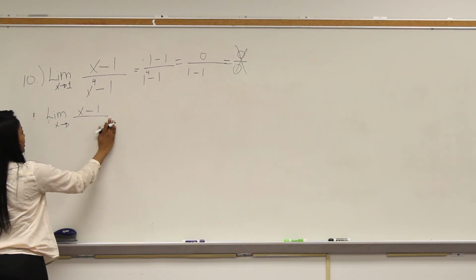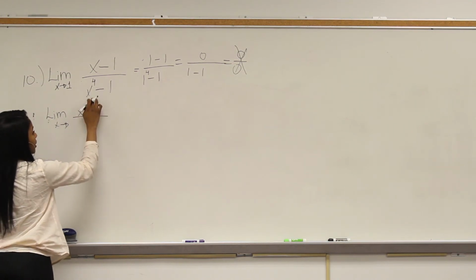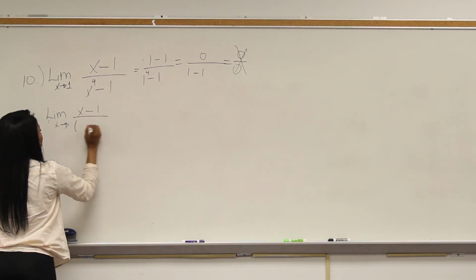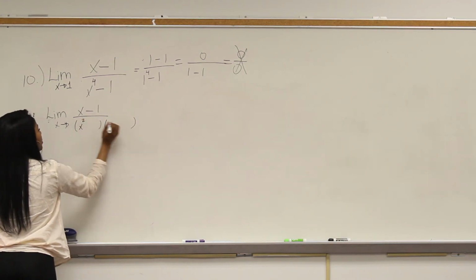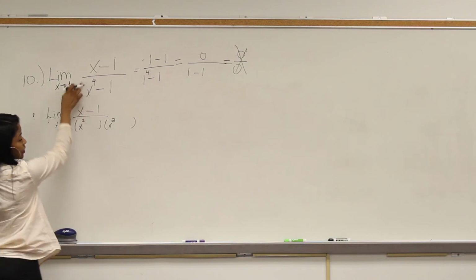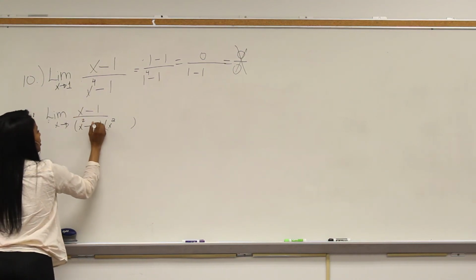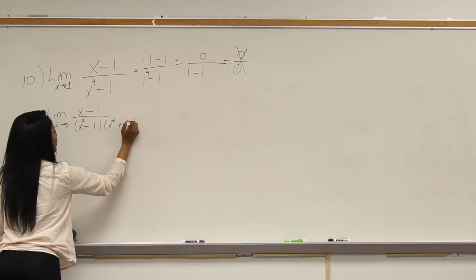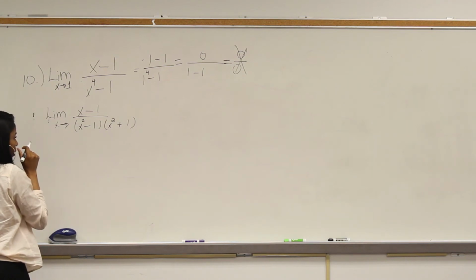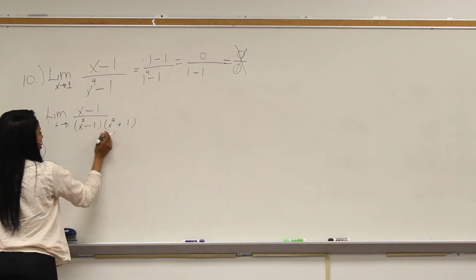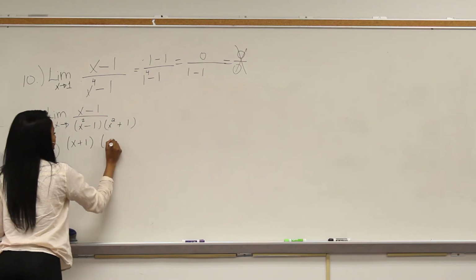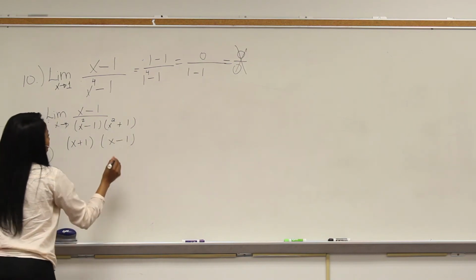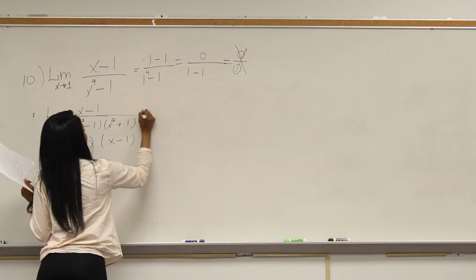We're going to factor this x to the 4th, so we're going to bring in x squared, because this is x to the 4th, plus or minus 1. And we can still factor again because this is x squared. So we're going to put x plus 1 and x minus 1.